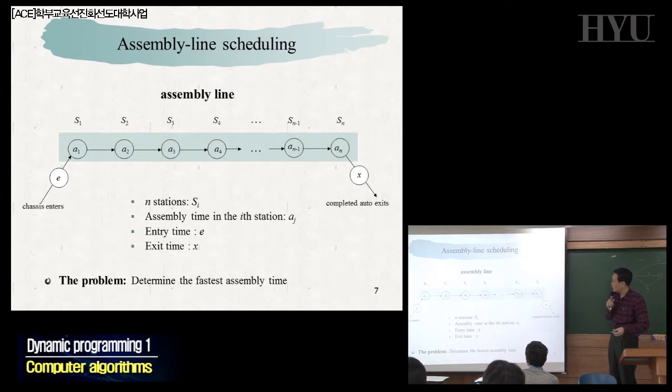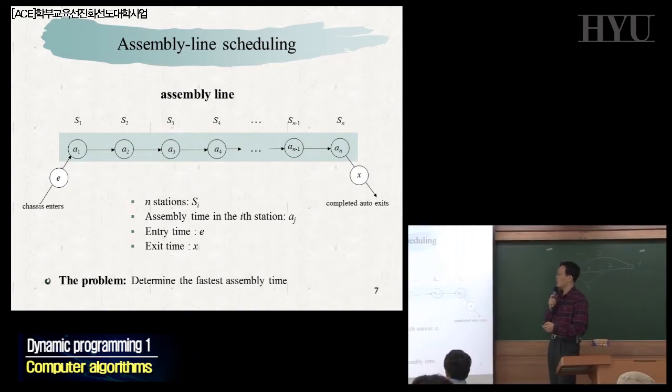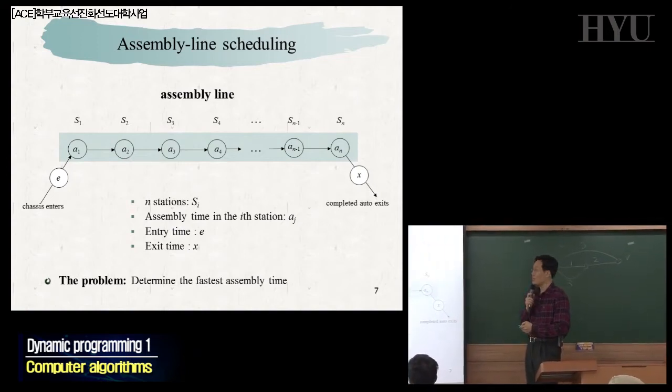And we denote each station by S_i. And then a_i means assembly time in the i-th station. So station 1 takes a_1 time, station 2 takes a_2 time.